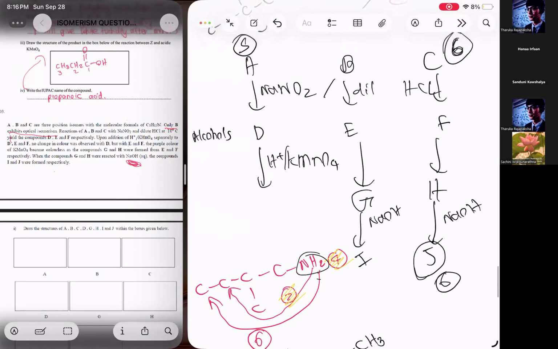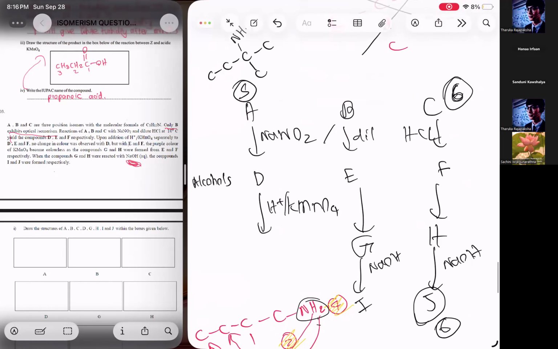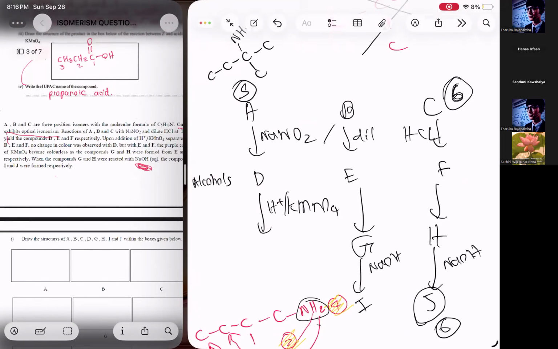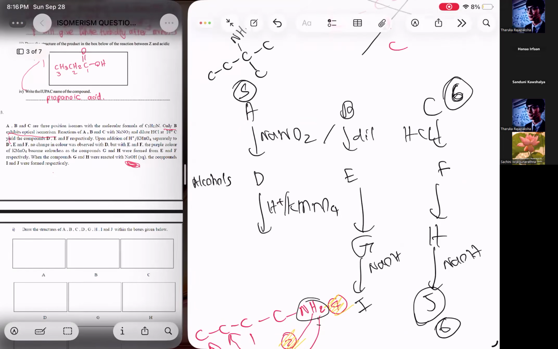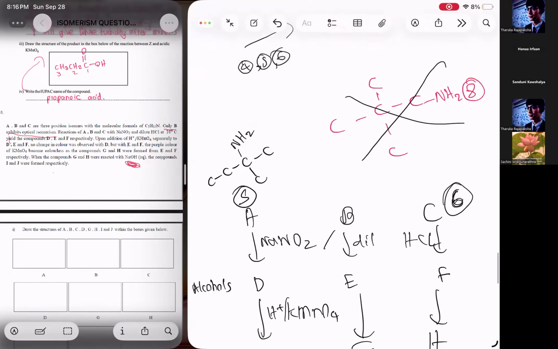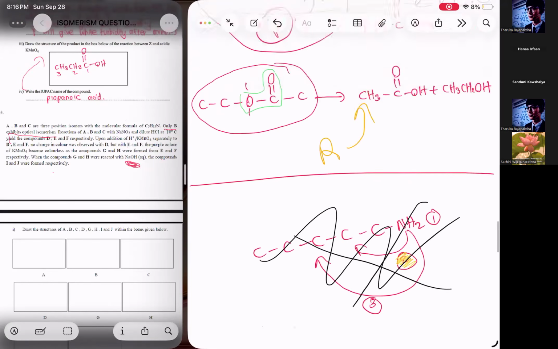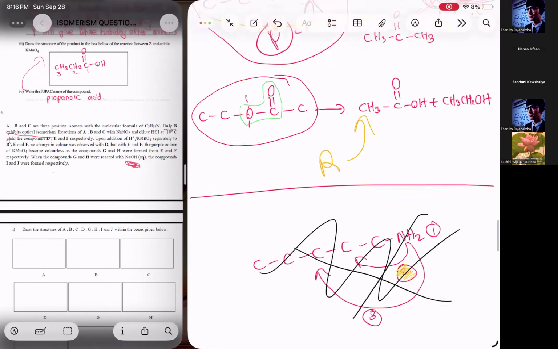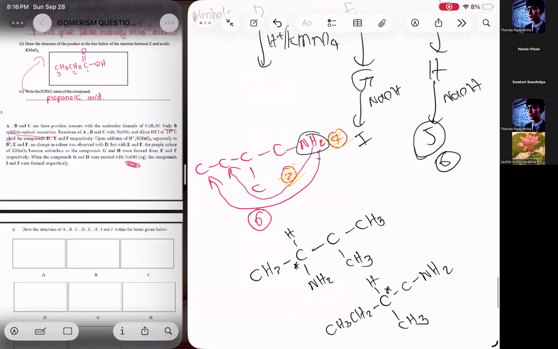Let's read the question again. A, B, C are three position isomers with the molecular formula C5H13N. Only B exhibits optical isomerism. If they are position isomers, they should be within the same compound. The fifth one is this; the NH2 group should be here. That one we filtered out.